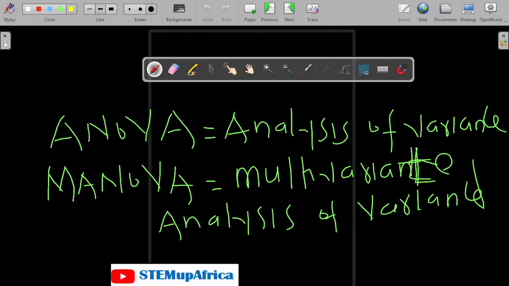That is what the multiple regression is used for.